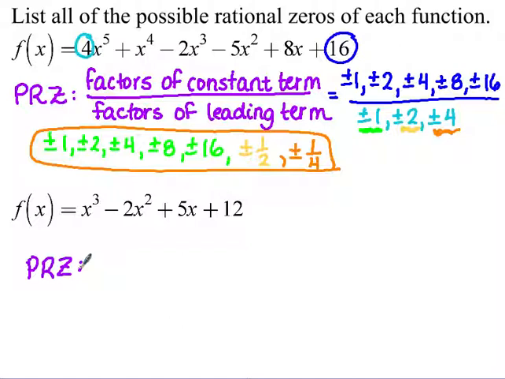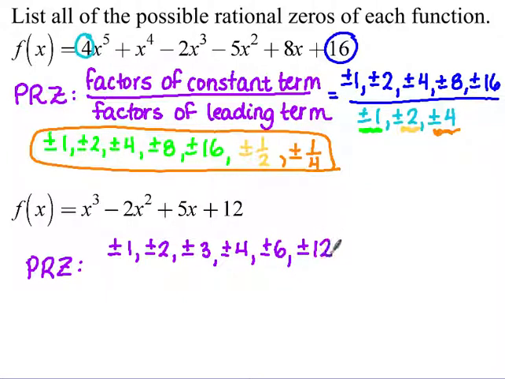Now we're looking for the factors of what? 12. So let's start. I have 1. What else? 2, 3, 4, 6, 12. So far so good.